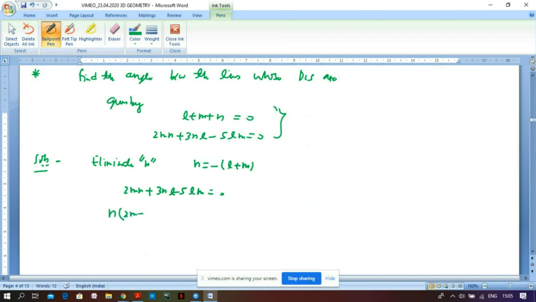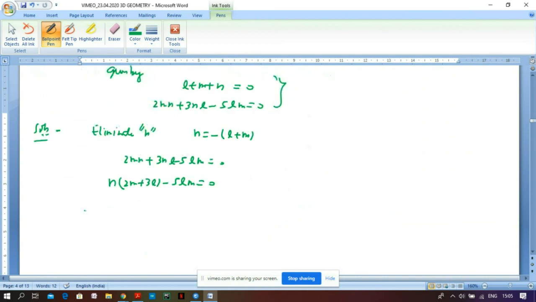This is N(2M + 3L) - 5LM = 0. And this N is nothing but -(L + M) from the first one, so -(L + M)(2M + 3L) - 5LM = 0. So I can write this, on expanding, as 3L squared plus 3LM plus 2LM, that is 5LM, plus 2M squared, minus 5LM equals 0.